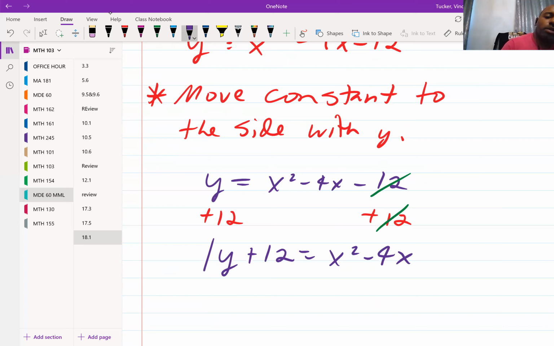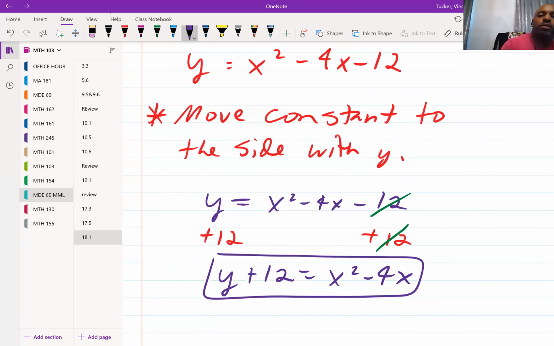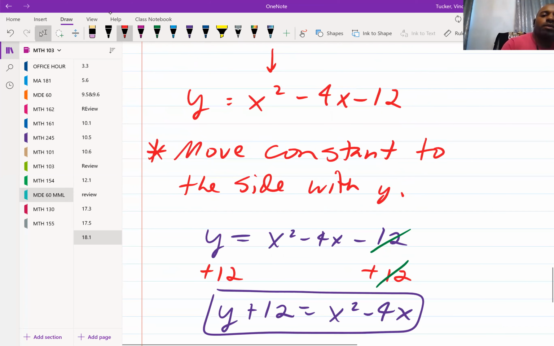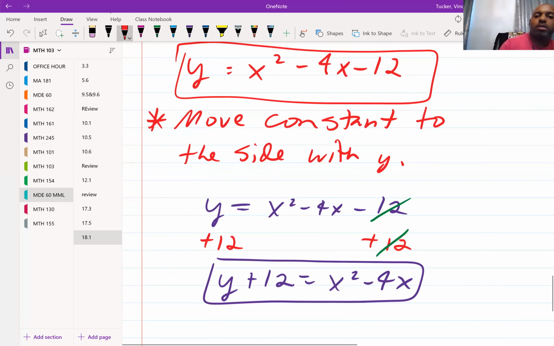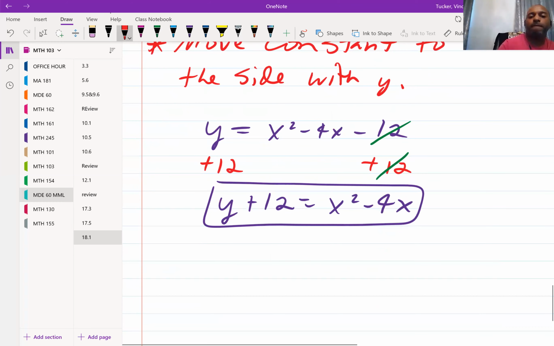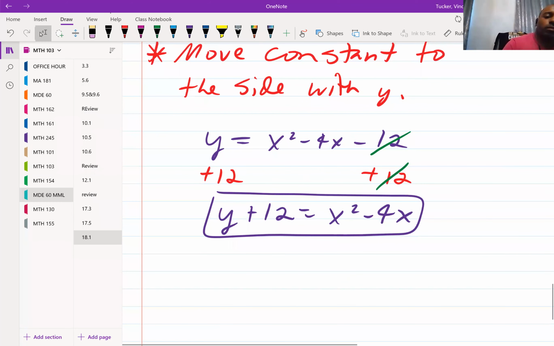This is what we're looking at now. I guess we could have called this our first step. All right. We're going to do a little bit of completing the square.